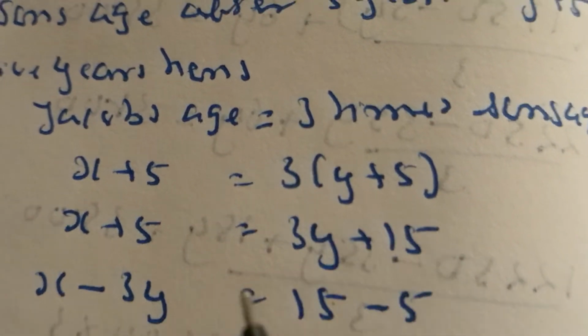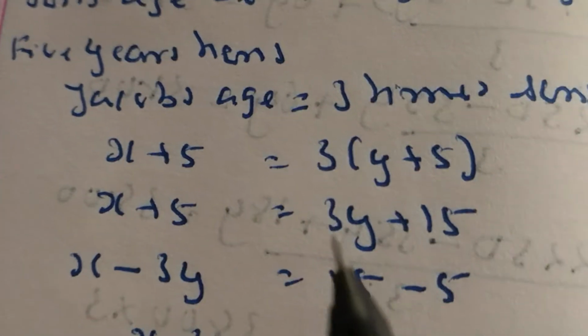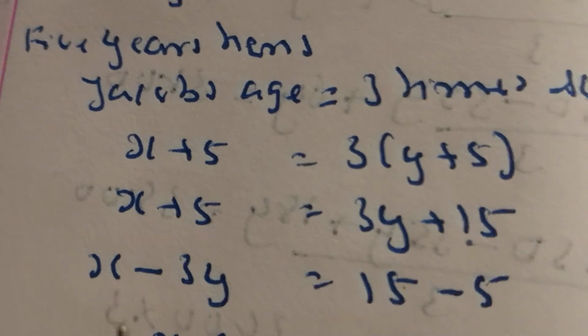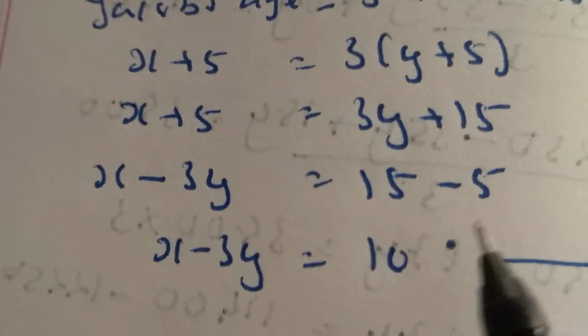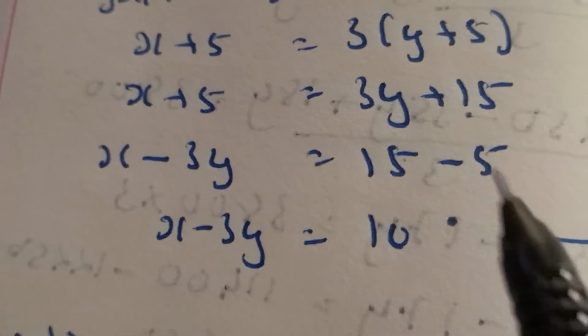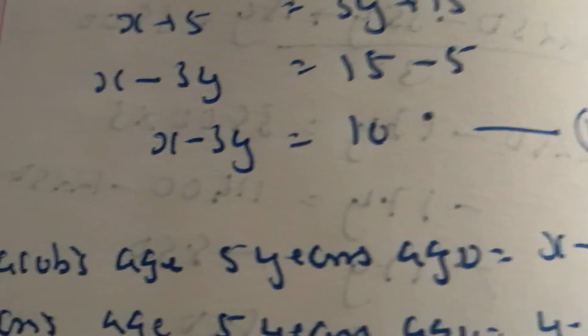So multiplying 3 into y and 3 into 5, 3y plus 15. So x plus 5 is equal to 3y plus 15. Taking 3y on the left hand side, it becomes minus, that is x minus 3y. 15 minus my 5 shifted to the right hand side. So x minus 3y is equal to 10. That is your equation 1.